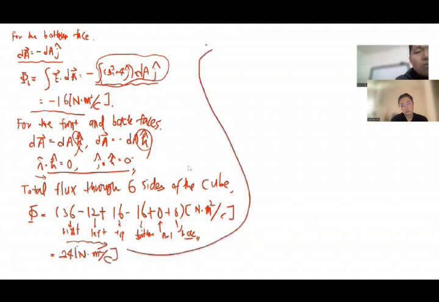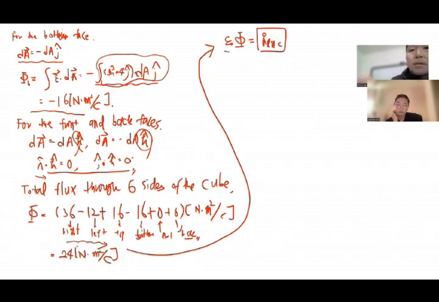Now we apply Gauss's law to estimate the net charge inside this Gaussian cube. That is basically the electric permittivity times the flux, which is the same as the net charge inside.